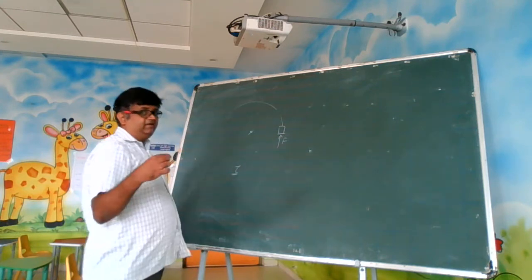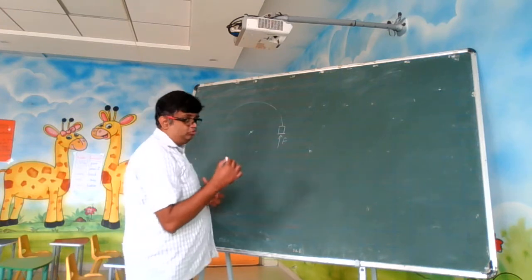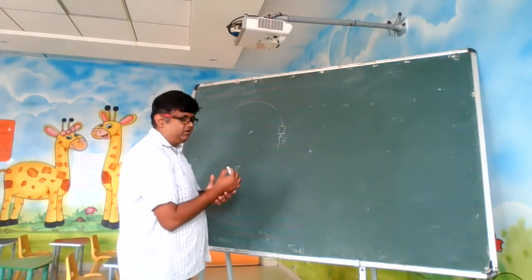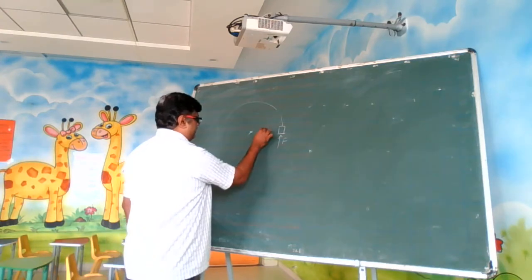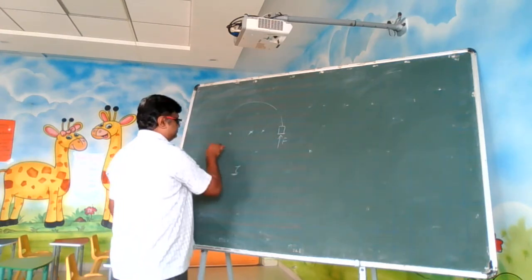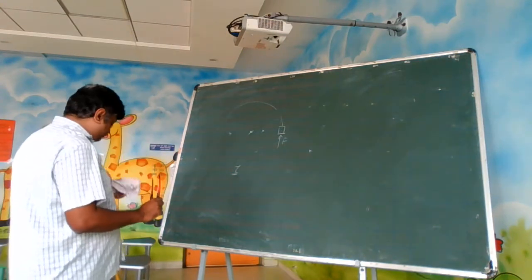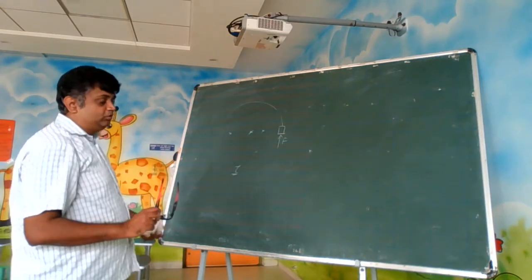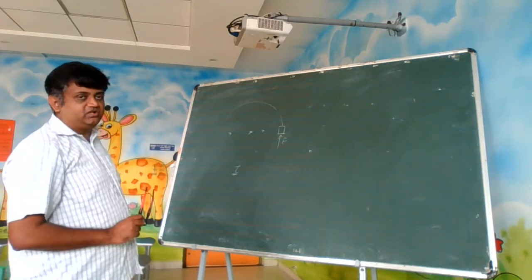Often in calculations, we have to choose the point about which we are finding torque. The point can be this, this, or this. Depending upon the question, we have to choose the point about which a tendency to rotate can happen, and we should make our calculation accordingly.